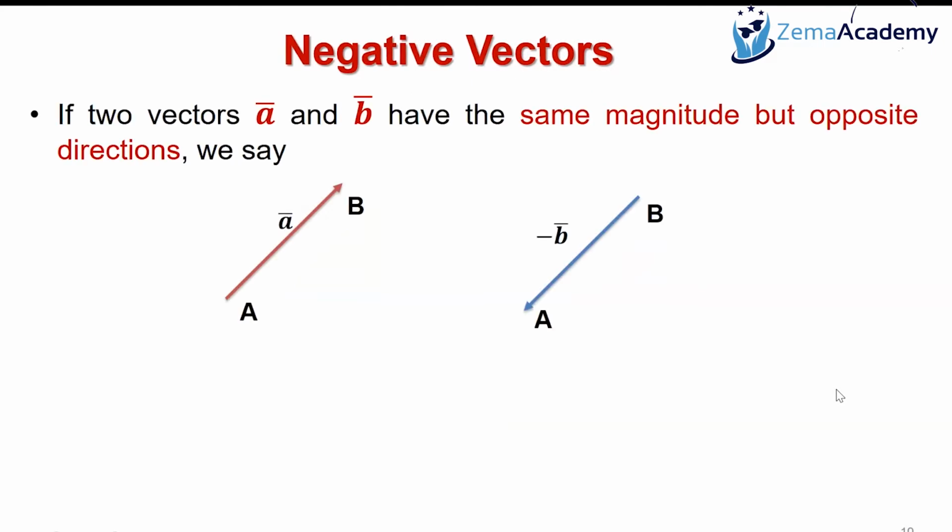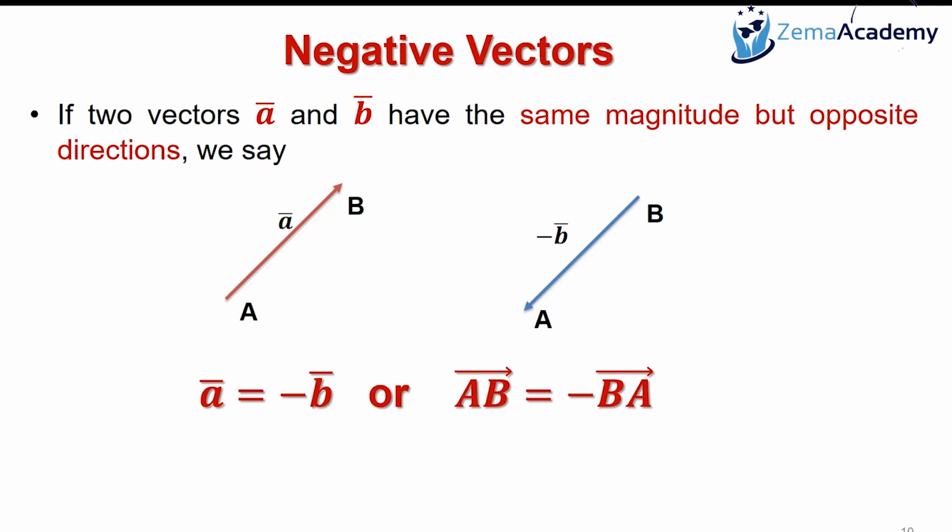Then we talk about negative vectors. It's when you have two vectors that have the same magnitude but opposite direction. In equal vectors, magnitude was the same and direction was the same. In negative vectors, let's say A and B are two vectors, then A and B can have the same magnitude but they can have opposite direction.